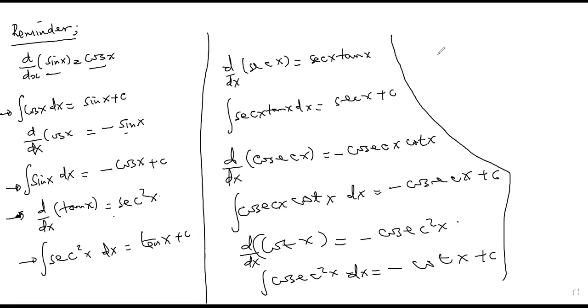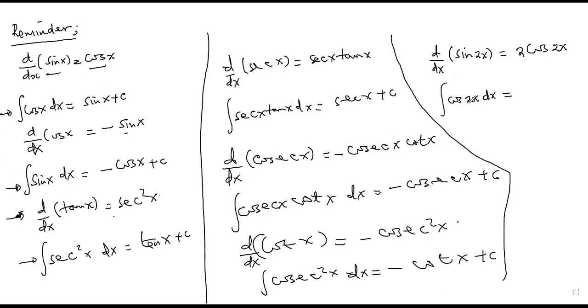Then another thing I wanted to remind you: when we differentiate sine 2x, we drop the magnitude of the angle, which is 2, and it becomes cos 2x. When we integrate cos 2x dx, we don't drop the magnitude.